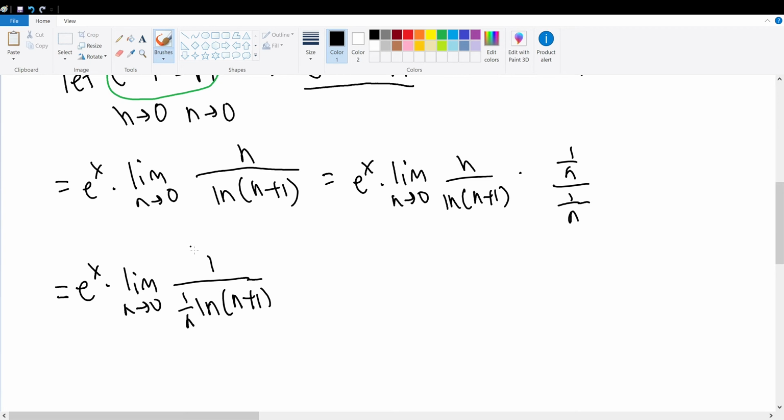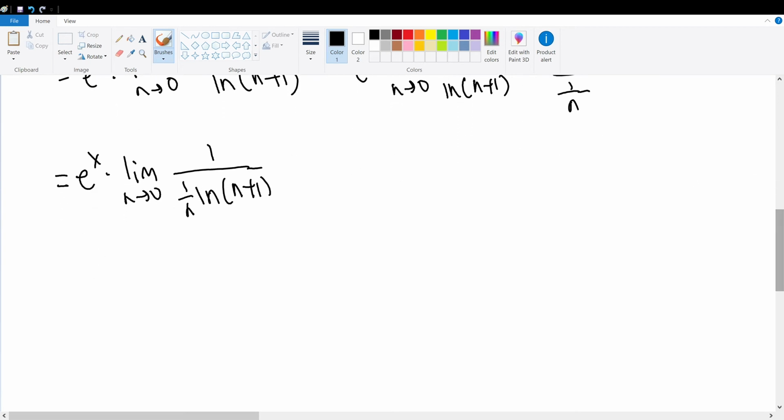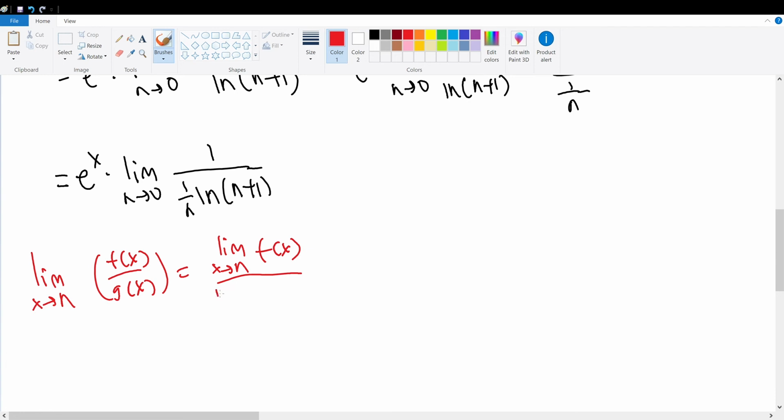And with this, what we can do is apply another limit property, which is the limit of the division of two functions. So the limit as x approaches a number n of the division of f of x and g of x, representing two functions, will be equal to the limit as x goes to n of our first function f of x divided by the limit as x goes to n of our second function g of x.